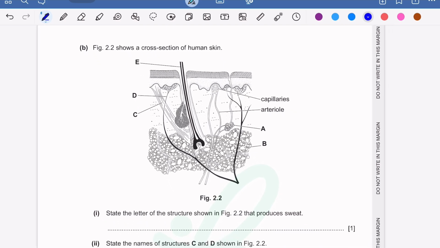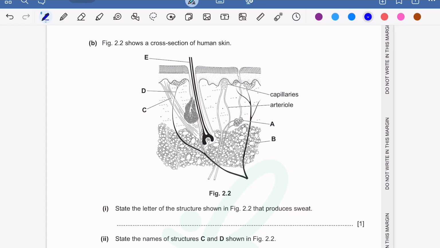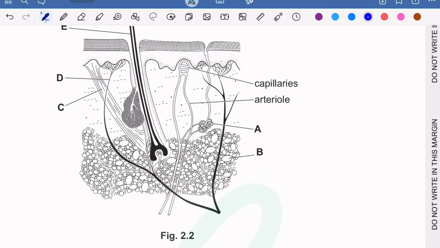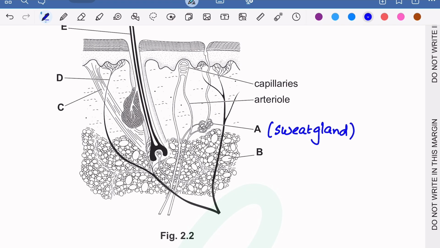Let us move on to the next part of the question. It says figure 2.2 shows a cross section of human skin and the parts are labeled. Let us first name these parts. So we can see that A is the sweat gland, which produces the sweat. B is the adipose tissue under the skin, which comprises fats.